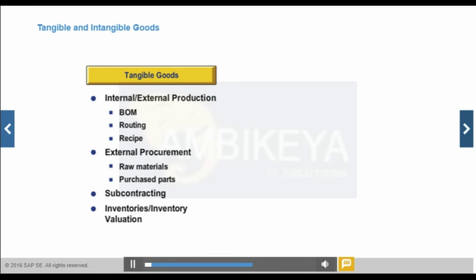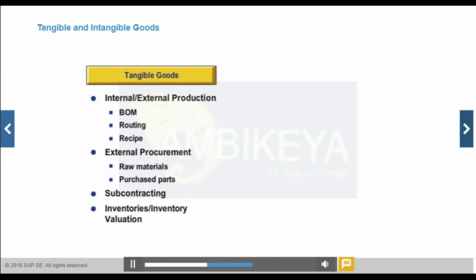Tangible goods are physical objects. The characteristics of tangible goods are as follows. Materials can be produced in-house, subcontracted, or procured externally. Data for these materials is located in the Logistics Components Production Planning or PP and Materials Management or MM. This data is accessed when the materials are costed.